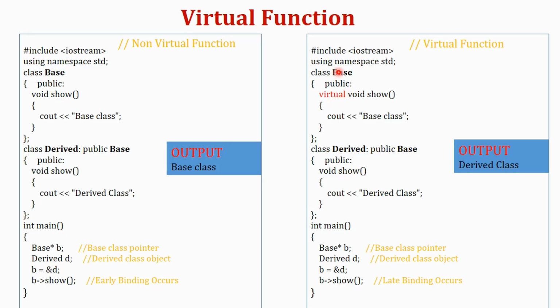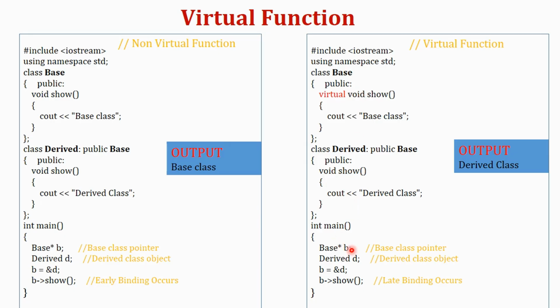Now automatically the base class function becomes the virtual function, and the derived class function is a normal function. So see, the same function is redefined in both base class and derived class, but in the prefix we are adding the virtual keyword. So now the base class function becomes a virtual function and the derived class function is a normal function. Now the derived class will override the base class function.